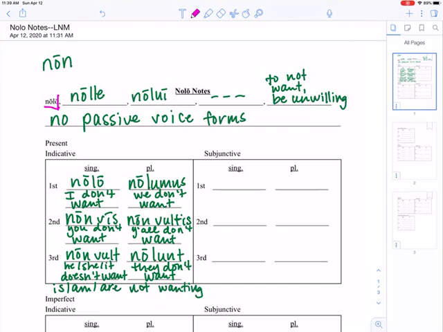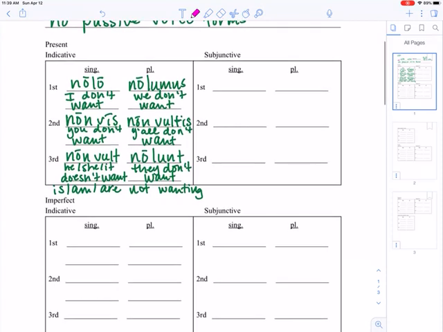Okay, so here on the present subjunctive side, I'm going to take N-O-L, and again I've got a macron over that O, and I'm going to add M for nolim. I'm going to have nolis, notice there's a macron over the I there for second singular. We will have nolit for third singular.